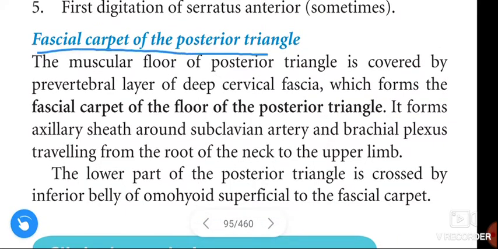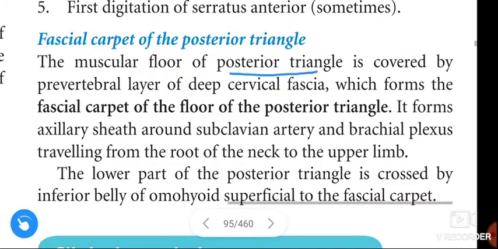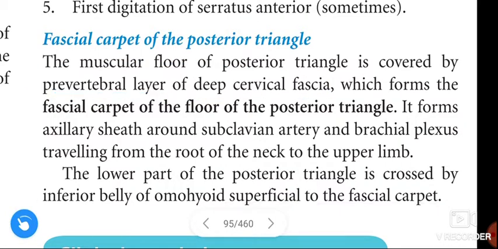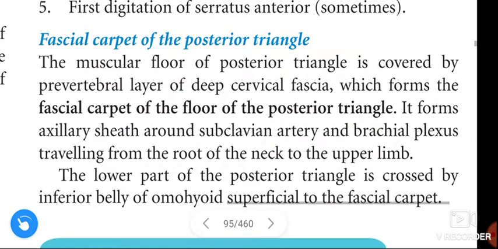The muscular floor of the posterior triangle is covered by the prevertebral layer of deep cervical fascia, which forms the facial carpet of the floor of the posterior triangle. That means this prevertebral layer of deep cervical fascia forms the facial carpet of the floor of the posterior triangle.